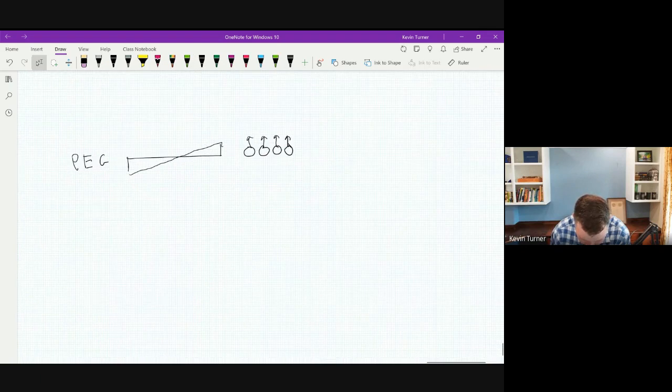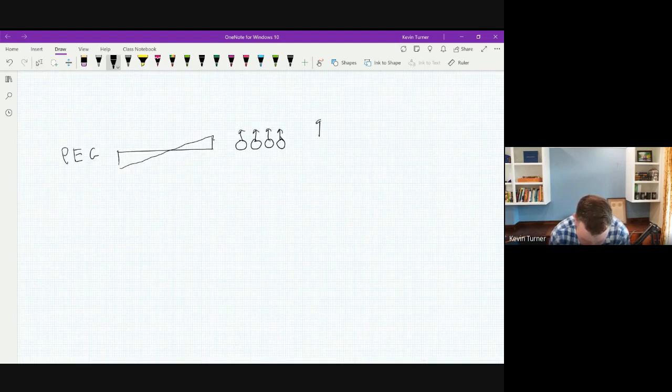Which means that we can add all those protons up together and get a very strong net magnetic vector when we go to make the echo.